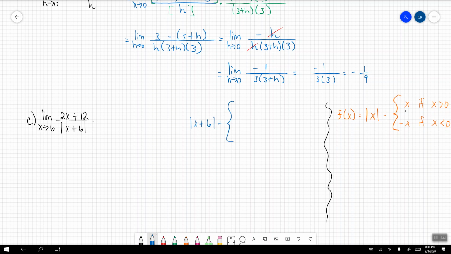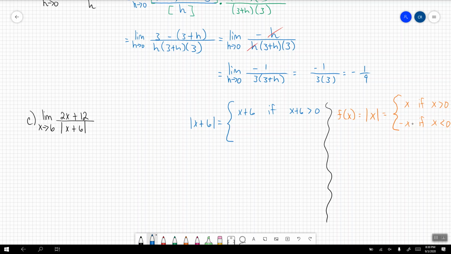What does the absolute value function tell me then, the one on the right? Well, this says that the argument inside of the absolute value is the argument itself. In other words, it's just x plus 6. And this works if the argument is greater than 0. Okay, that looks pretty good so far.